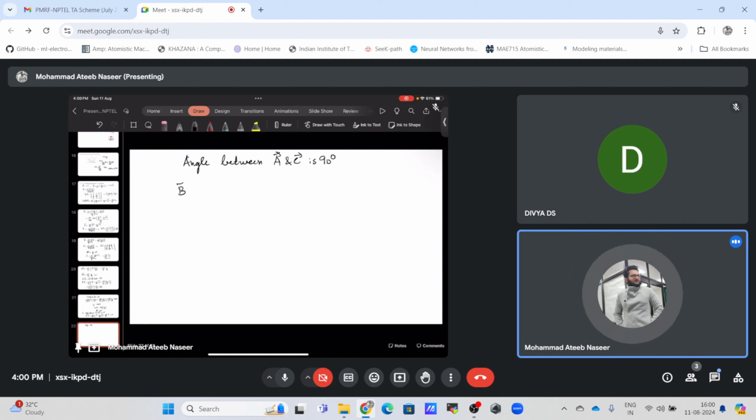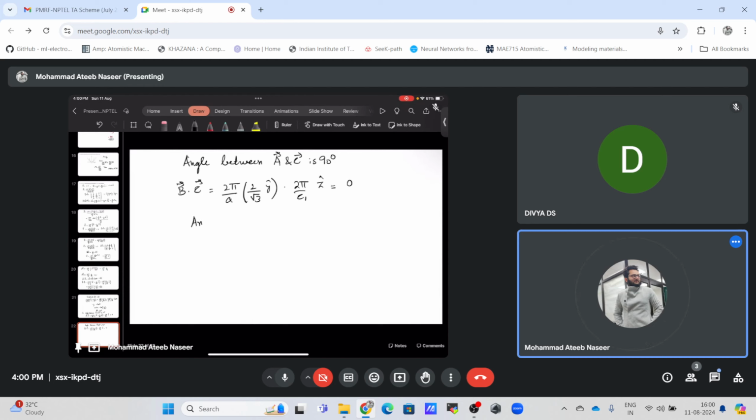Similarly for B dot C, B came out to be equal to 2 pi by a, 2 by root 3 y hat, dot 2 pi by C1 z hat. So it is also equal to 0.